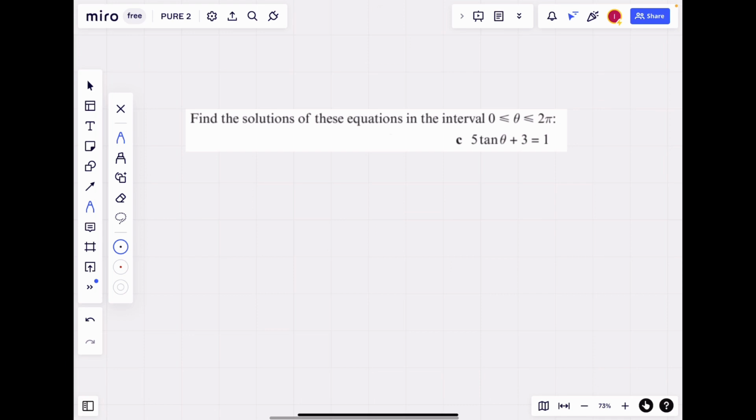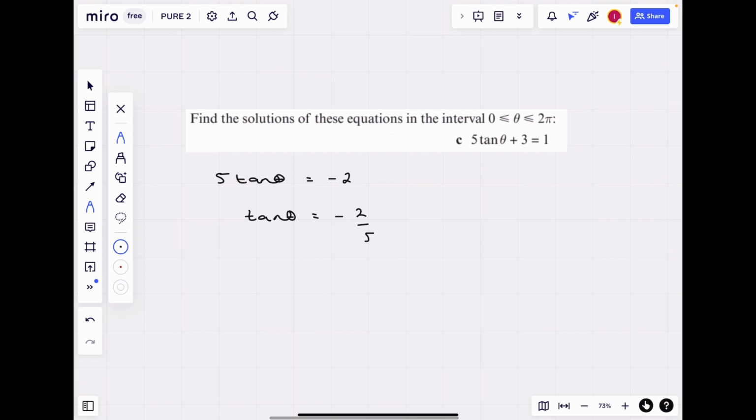Okay. So you want to first take the 3 to the other side. So minus 2. And then tan theta equals minus 2 over 5.